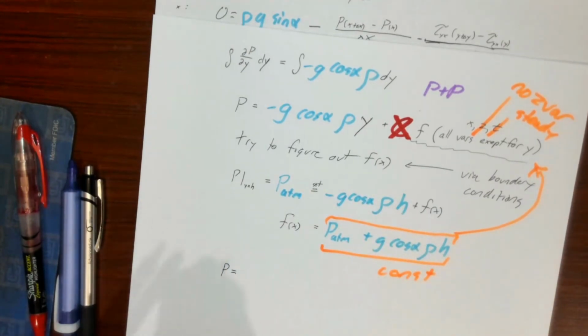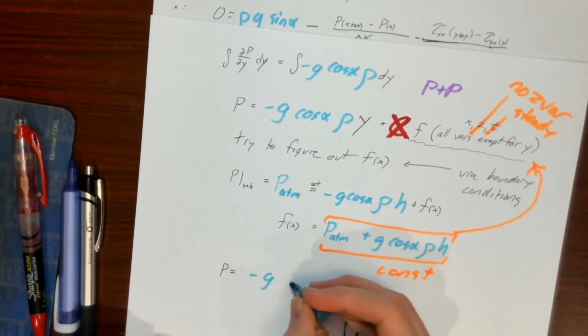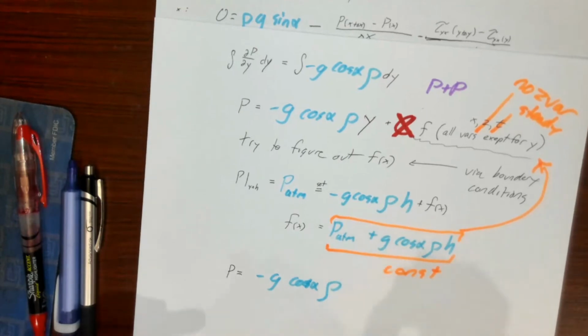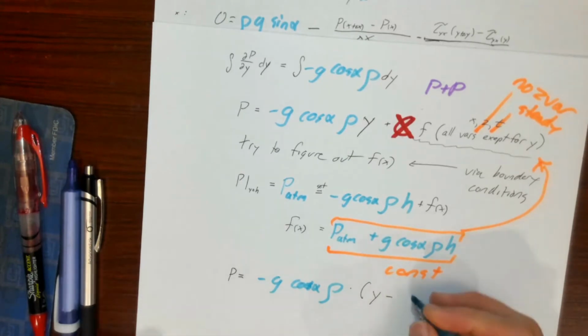So pressure is equal to minus g cosine alpha times rho times y minus h.